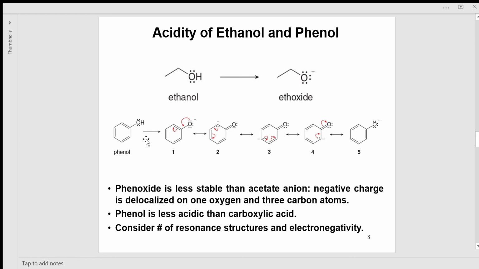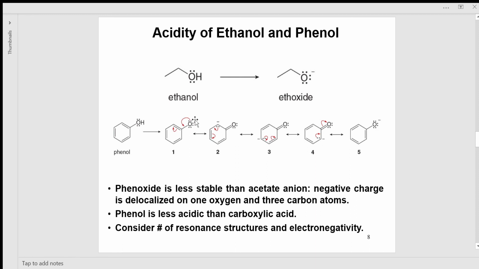However, in the case of phenol, we can draw one, two, three, four resonance structures. I consider the benzene ring a very good neighbor, because the oxygen bears a negative charge, which causes instability. However, this instability can be shared with different carbons, this one, this one, this one, and back to this structure.